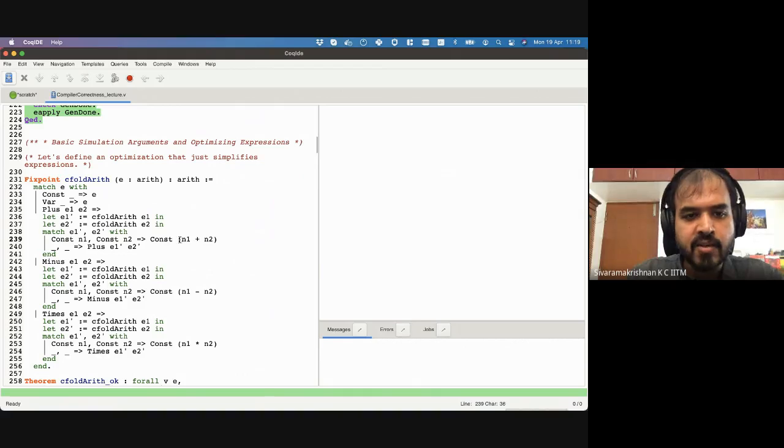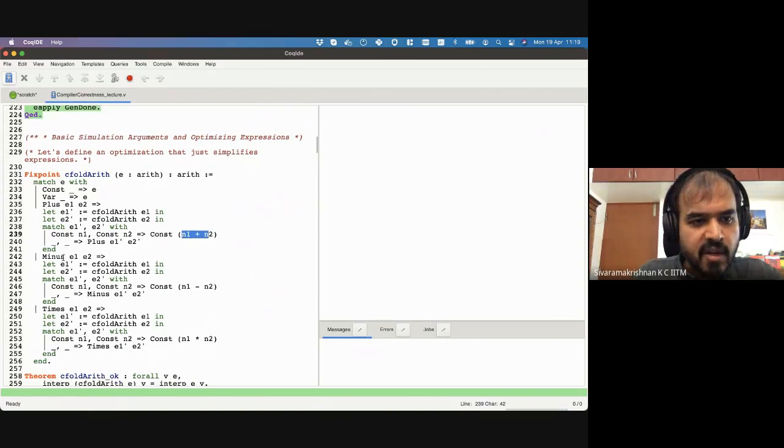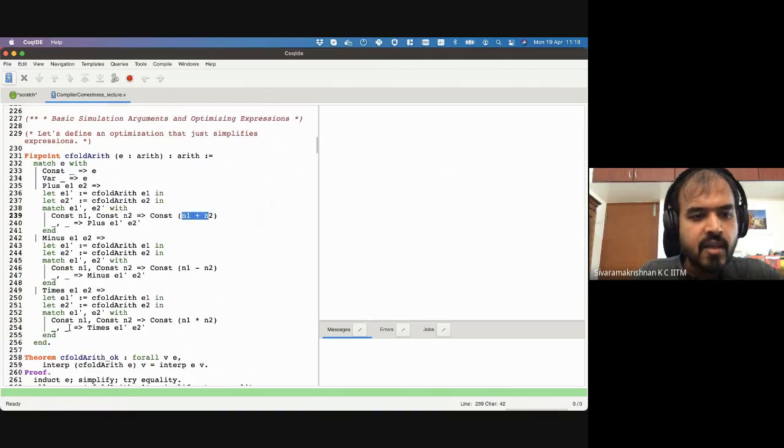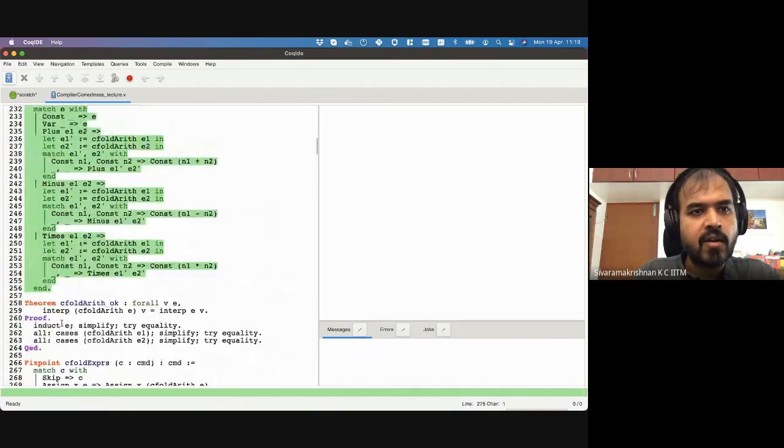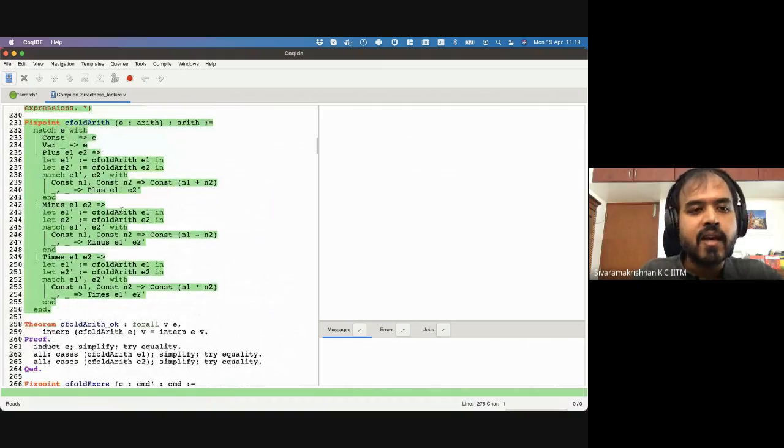This n1 plus n2 you can think of as the compiler statically computing the value, and replacing that with this constant expression, right? And similarly for minus, similarly for times, right? So that's the definition for constant folding on arithmetic expressions. This constant folds maximal subexpressions. As long as the expression is full of constants to whatever depth, it's going to replace that with a single constant.